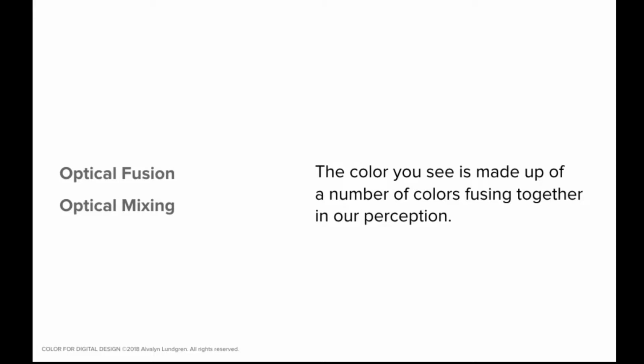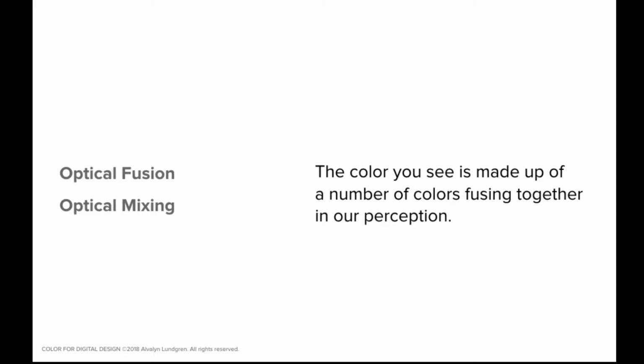So first, let's just do a quick review about the difference between admixing and optical mixing. Because when you're working digitally in anything, on any device, even in Procreate on a tablet, you're working in an optical mixing environment. Remember that optical fusion, also known as optical mixing or optical mixture, is where you have small areas of color and they fuse together in our perception into a new color.